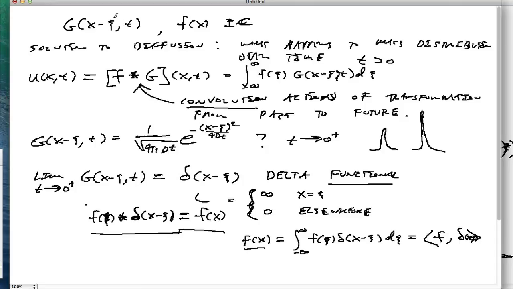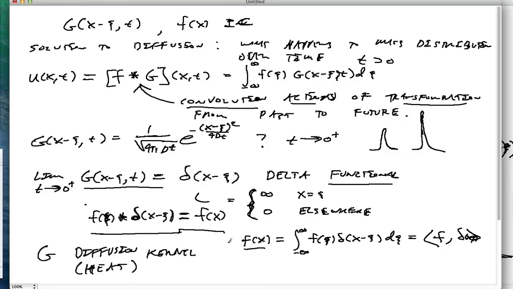So what I want to do now is talk about our function g, and I'm actually going to define what g is. I've said that it's sort of an action of transformation. Well, we actually have a name for that. This g is called the diffusion kernel, or the heat kernel.